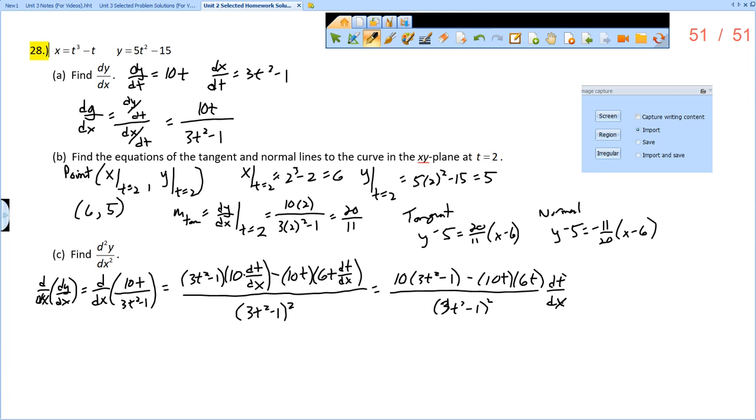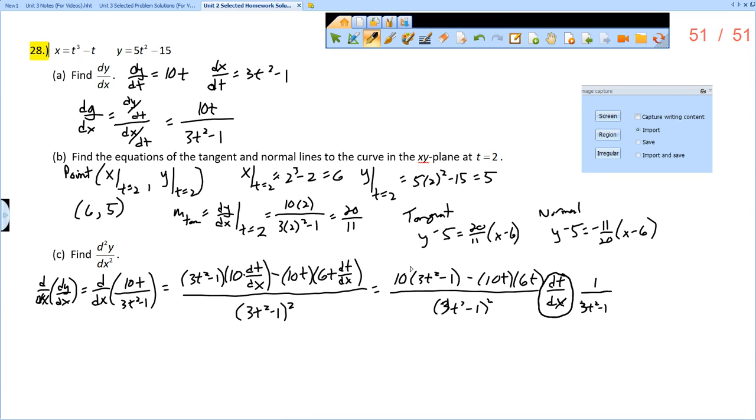So instead of dt/dx, I'm going to substitute 1 over 3t squared minus 1, which ends up putting a 3t squared minus 1 cubed in the denominator, because I have a 3t squared minus 1 squared and a 3t squared minus 1 to the first.